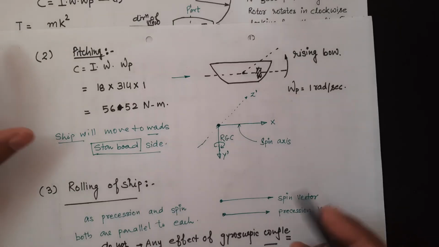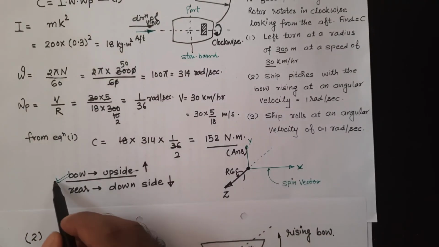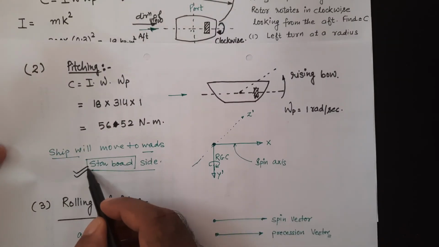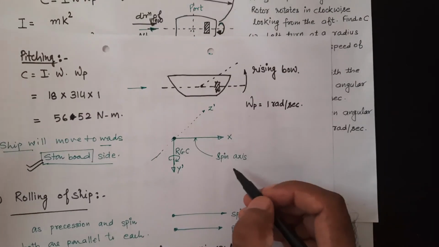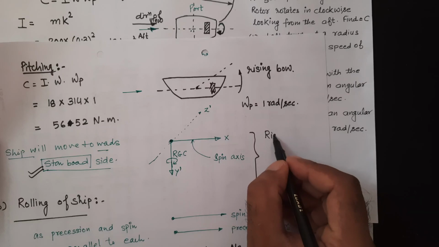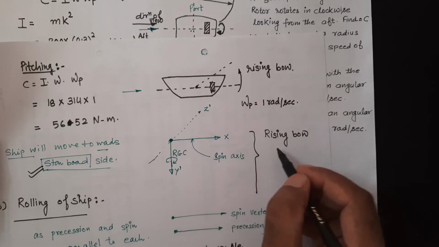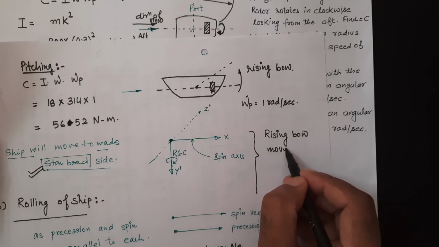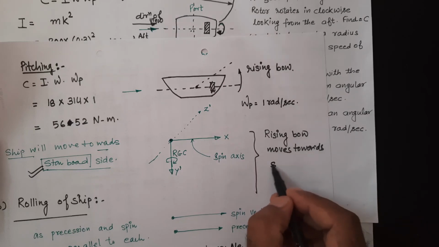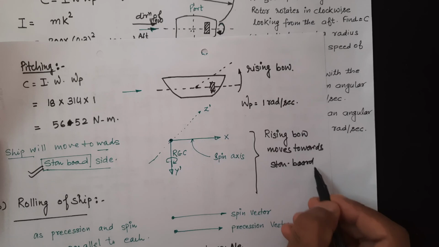So what will be the combined effect? In the first case we have a rising bow, and in the second case it is moving towards the starboard side. So we combine the effects. The combined effect will be: rising bow moves towards the starboard side.